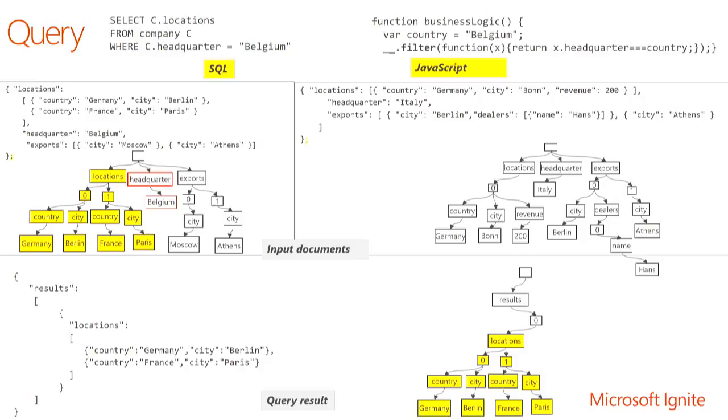Let's say I want to project the locations on a document where the headquarter is Belgium. What I'm going to do is navigate down this tree. I'm going to find that this holds true for this record, and then I'm going to project that side of the tree so that this is what gets returned from the query layer.